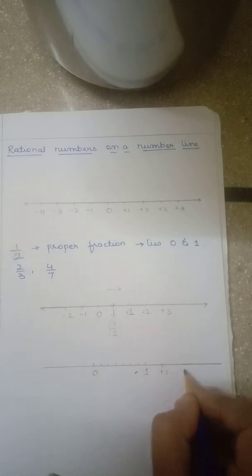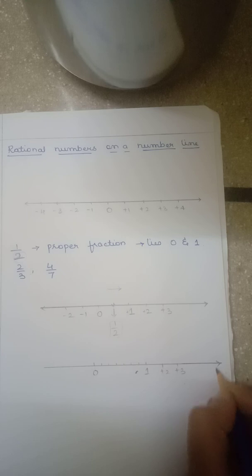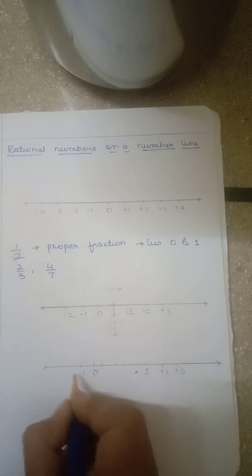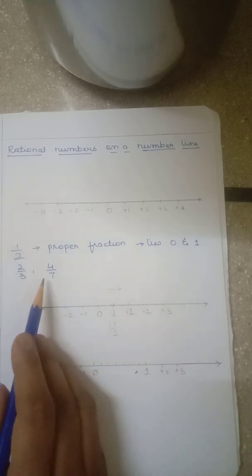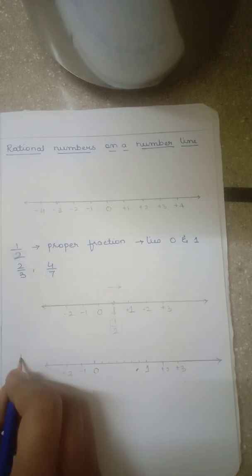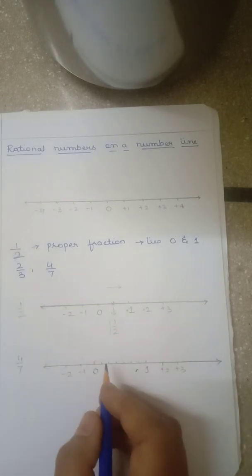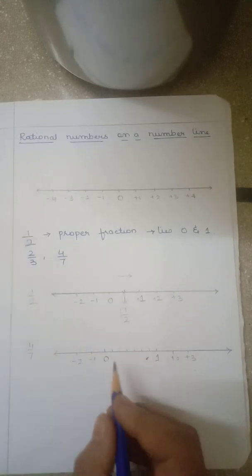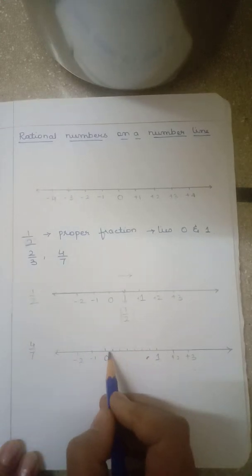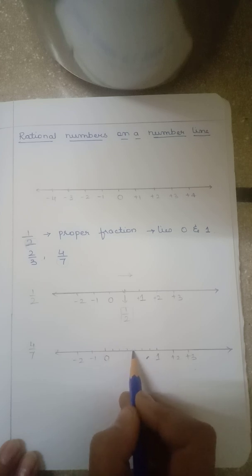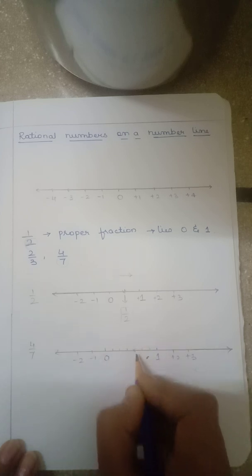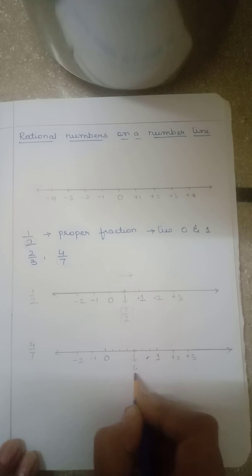I have enlarged this part because it lies between 0 and 1. I have made 7 parts because the denominator is 7. I am representing 4 by 7; here I represented 1 by 2. So 4 by 7: out of 7 parts, 4 parts you have to take. 1, 2, 3, 4. So this fourth part is nothing but 4 by 7 on the number line.